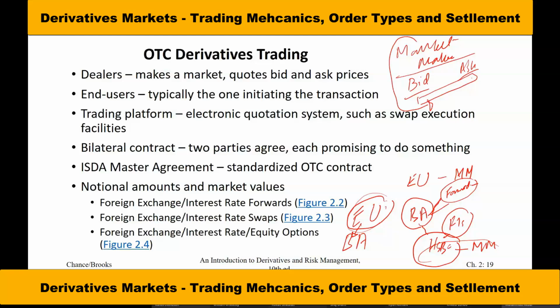It's called the International Swaps and Derivatives Association. It has come up with the master agreement, which is a standard agreement for OTC contracts. Most of the contracts on the OTC market use this standard master agreement, which outlines the rules and regulations that will govern the contract.